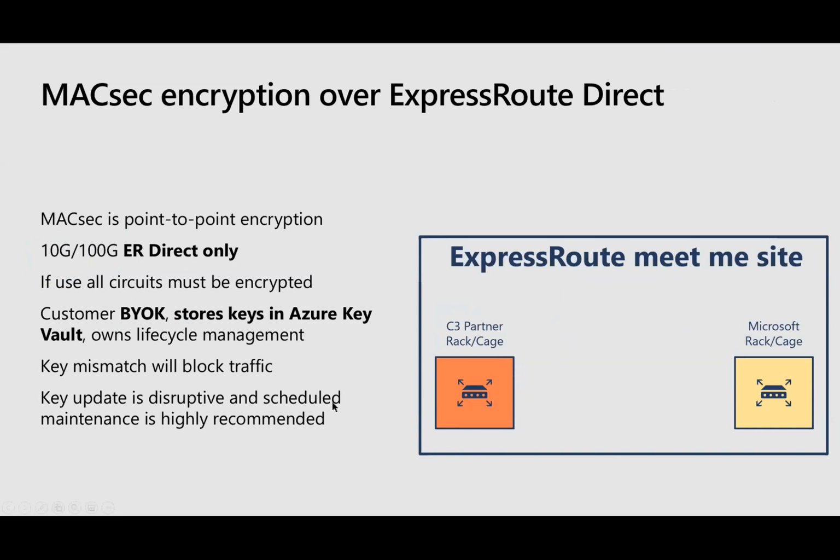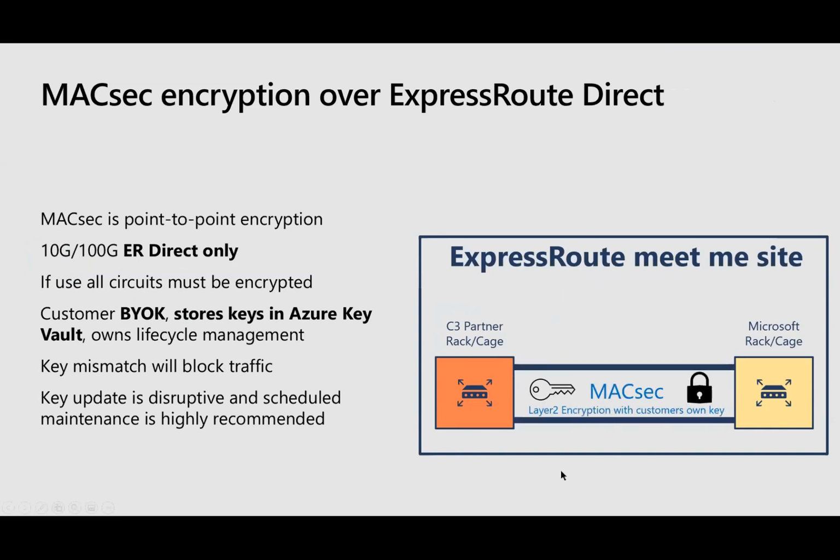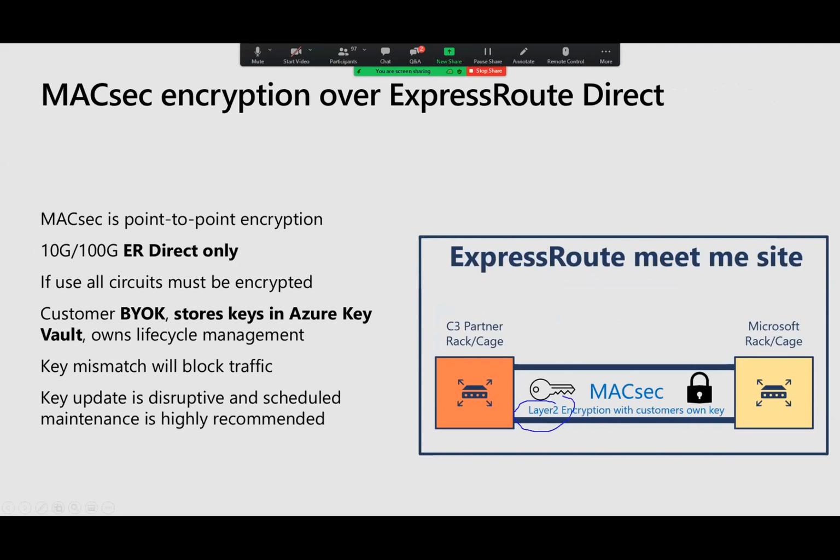That's when you take the option of ExpressRoute Direct, and you have on layer 2 full encryption between the partner edge, or in this case, it'll become the customer edge, and the Microsoft edge. And this is a tick box for the South African Reserve Bank. So all banks are looking at this route and going this way. So if you're talking to banks, just mention Reserve Bank, you need encryption, they'll go with MACsec.